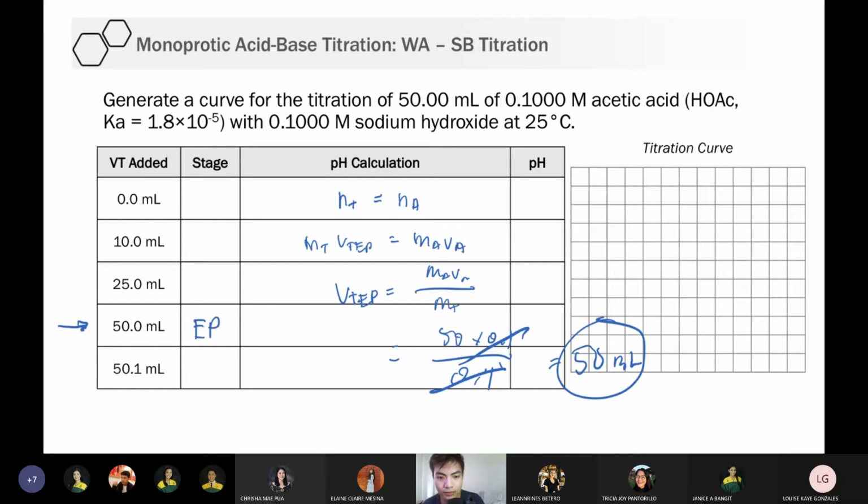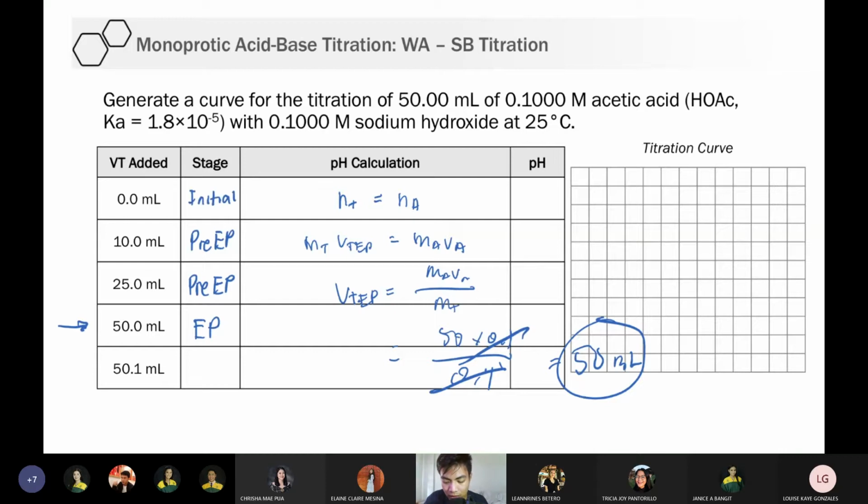Okay, gets na yan. Alam niyo na mag-solve ng VTEP. So again, first step, identify the acids and the bases, so you will know what type of titration you are doing. Second is to identify VTEP. After nun, assign the stages. Pag less than 50, pre-equivalence point. Pag 0, malamang initial.